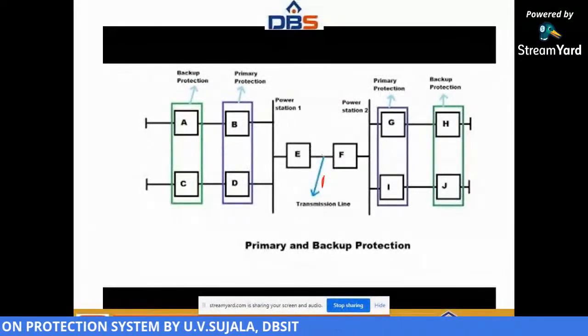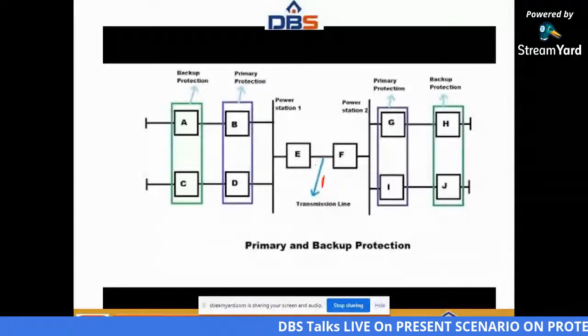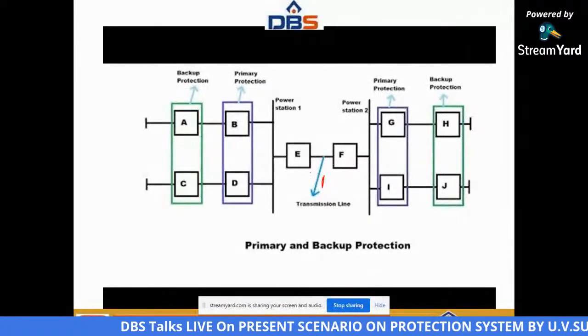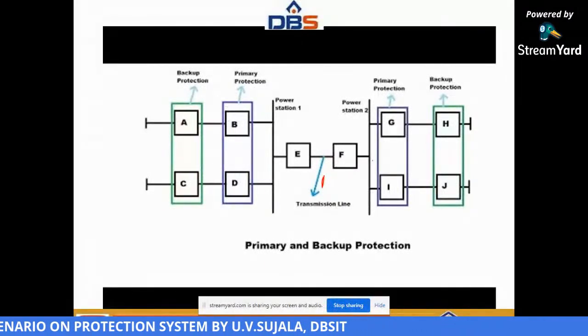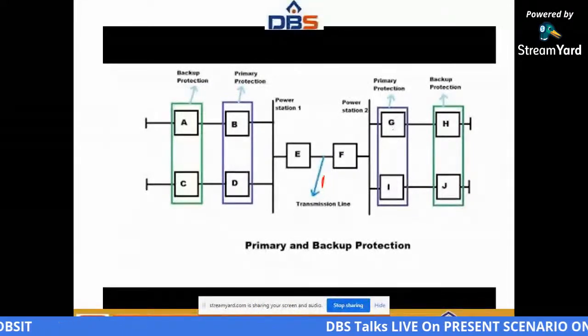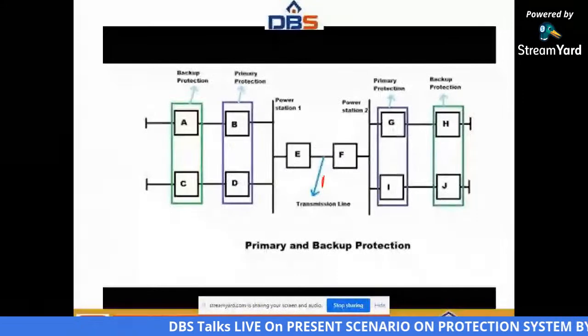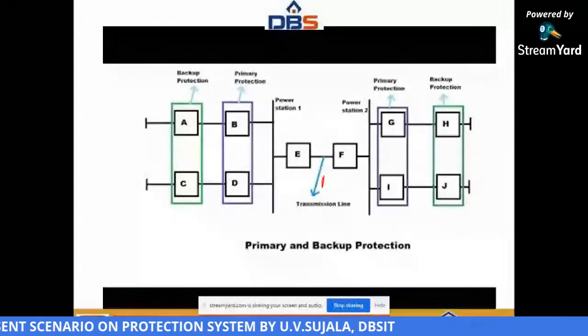Here, for the transmission line, whenever the fault occurs here, then the primary protection will operate. The primary protection is the first protection, which provides quick acting and selective clearing of the faults.